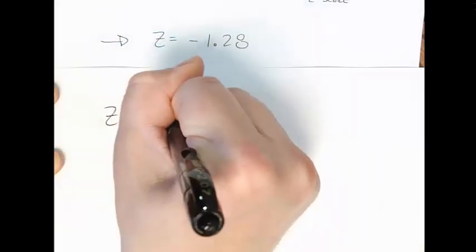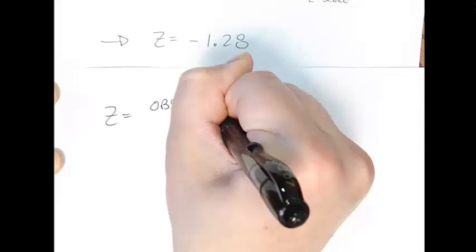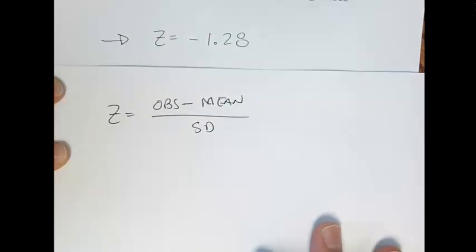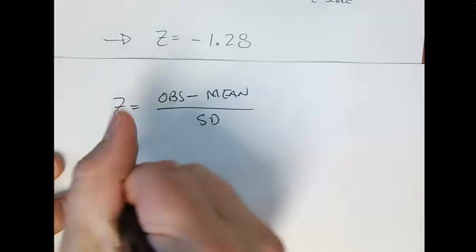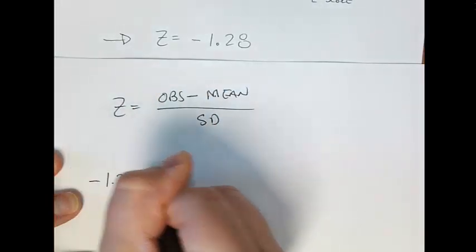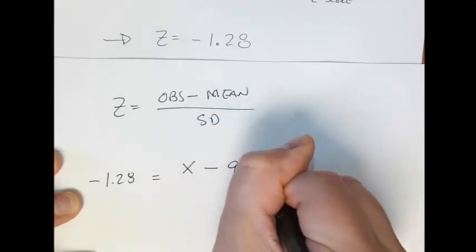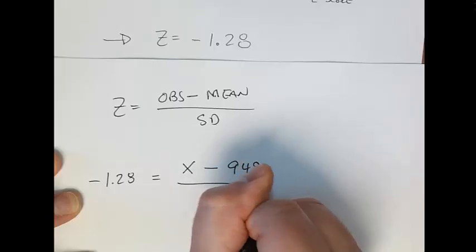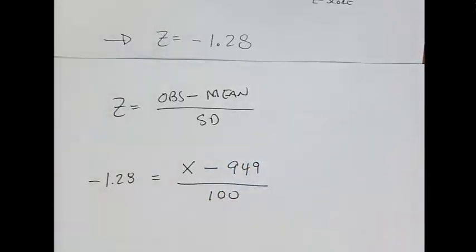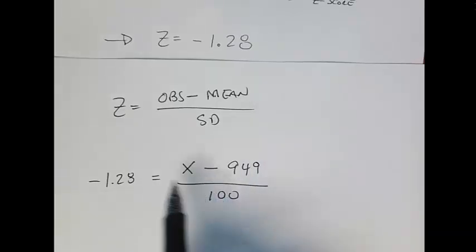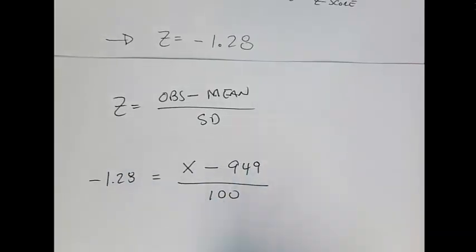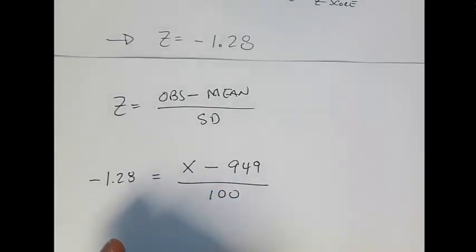Now we can use our equation in reverse. Z equals observation minus the mean divided by standard deviation. The z-score is negative 1.28. My observation we defined as x. My mean is 949, and my standard deviation is 100. Then, simple calculations, multiply by 100, add 949. I'll leave the algebra to you.